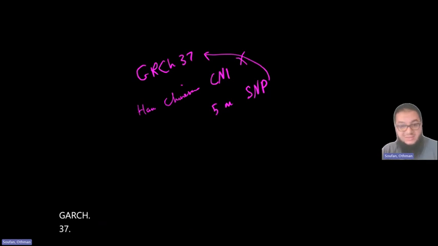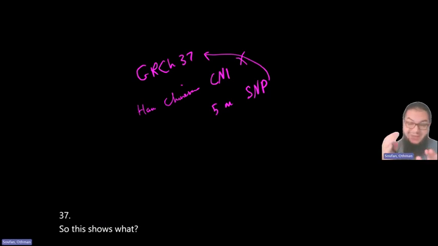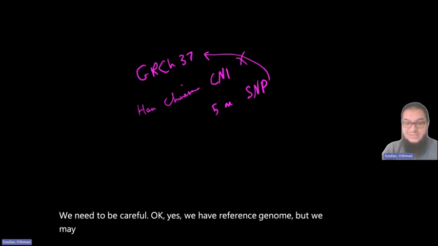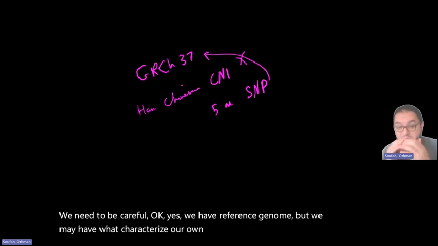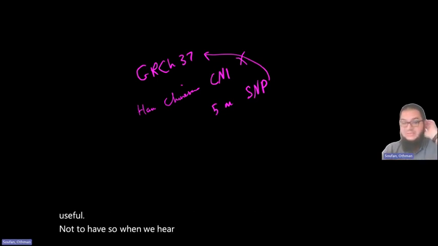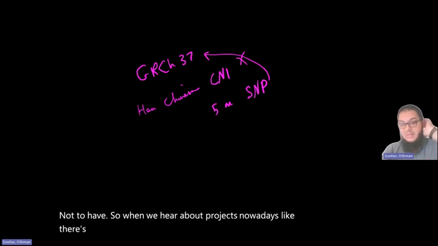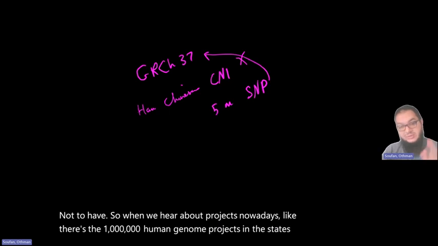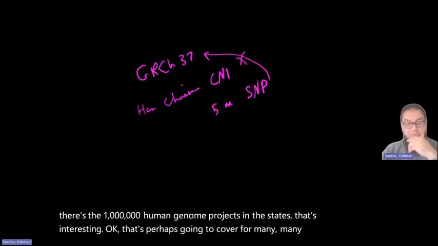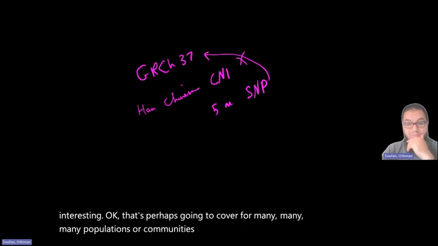So this shows what? We need to be careful. Yes, we have a reference genome, but we may have what characterizes our own population. So when we hear about projects nowadays, like the 1 million human genome project in the States, that's interesting. That is perhaps going to cover many populations or communities, hopefully.